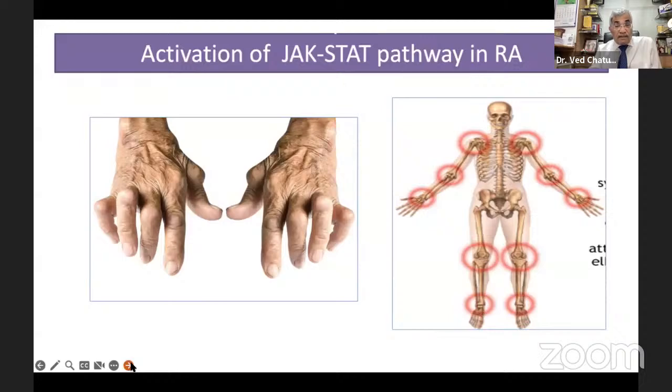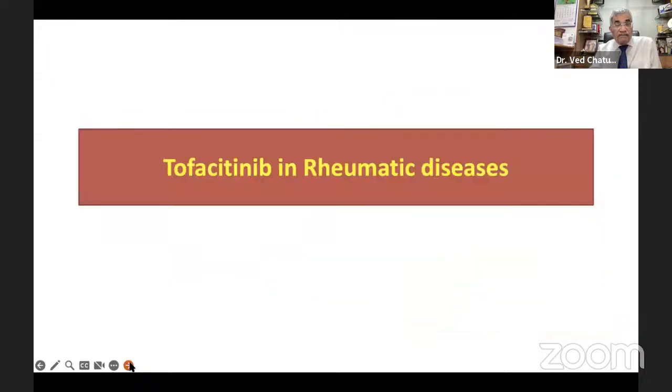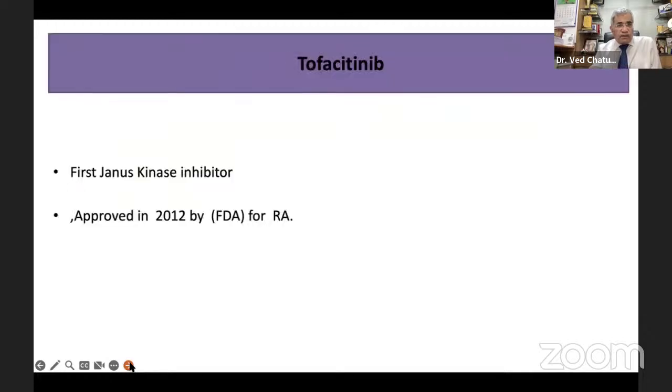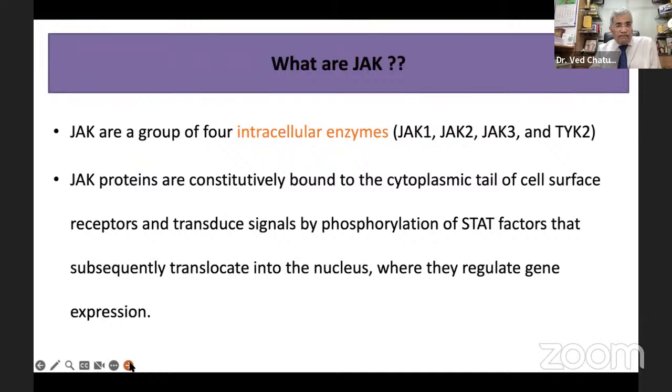They are used because there is activation of the JAK-STAT pathway in rheumatoid arthritis. So you block this pathway, and it is effective in rheumatoid arthritis. Tofacitinib was approved in 2012 for rheumatoid arthritis.